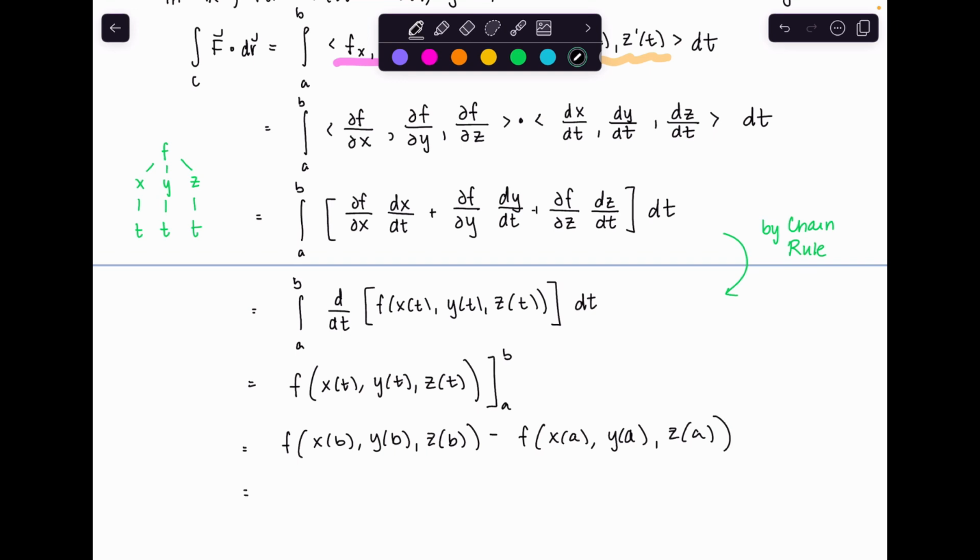And those are exactly the coordinates corresponding to plugging a and b into the vector function r. So this is r of b on the inside minus r of a. Okay. So that's the proof of our fundamental theorem of line integrals.